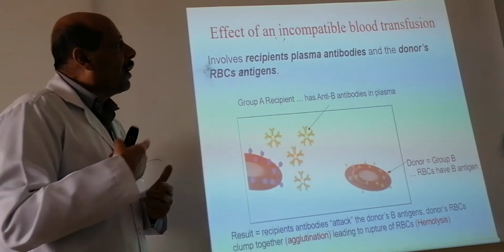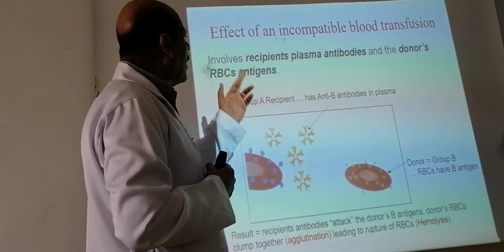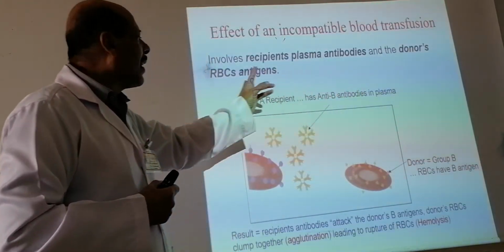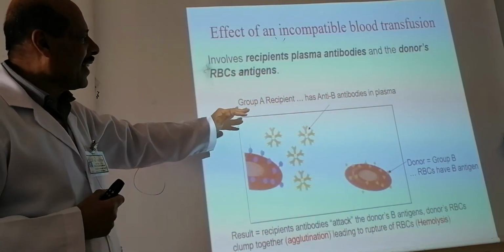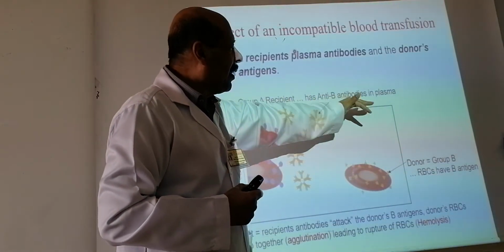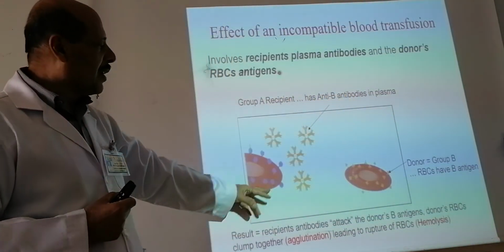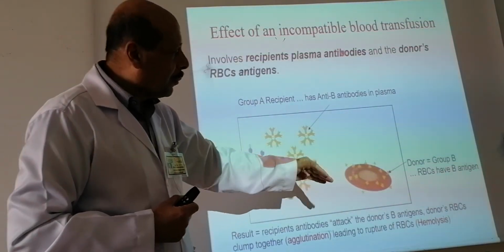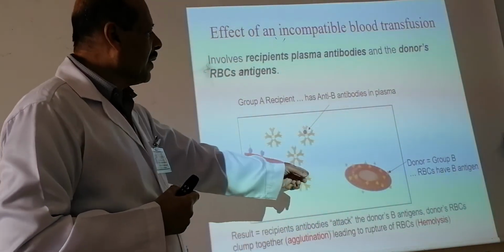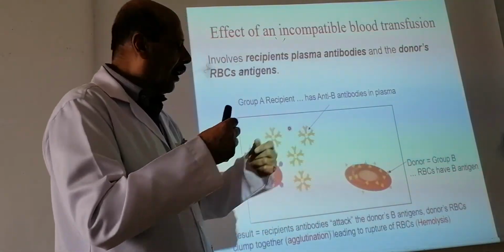So the effect of incompatible blood transfusion involves recipient plasma antibodies and donor red blood cell antigen. A group A recipient has antibody B in the plasma, so when donor group B RBCs are given, they will be agglutinated.